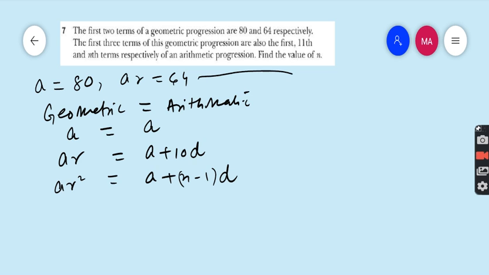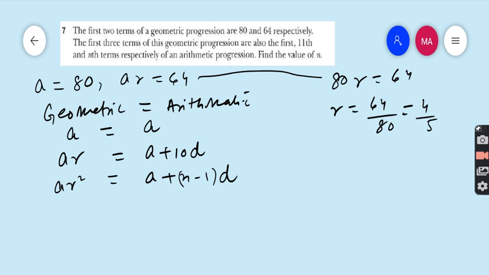First, we use this: ar is equal to 64 and a is given 80, so we can use this to find the value of r. So r is equal to 64 upon 80. 64 upon 80 is 4 upon 5. So first we have to find r.